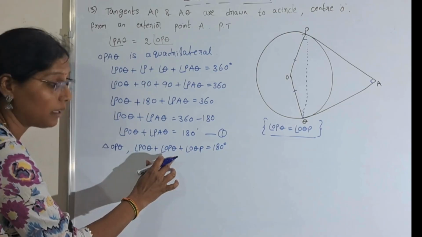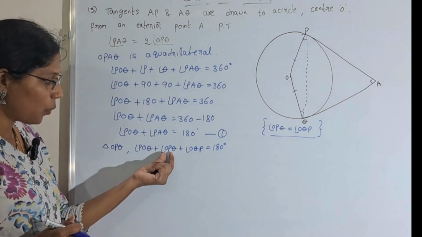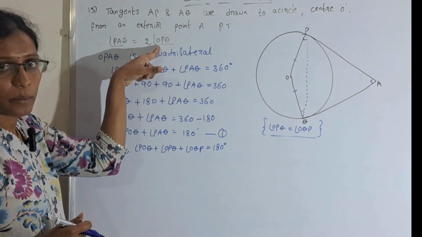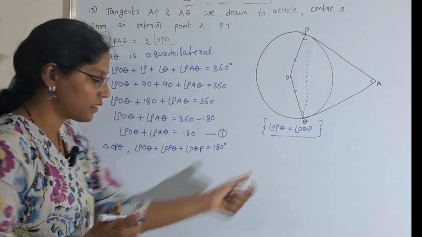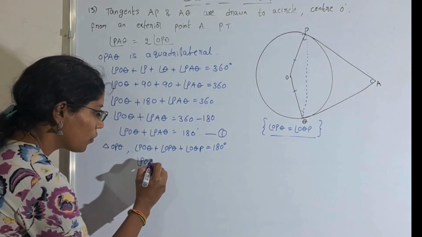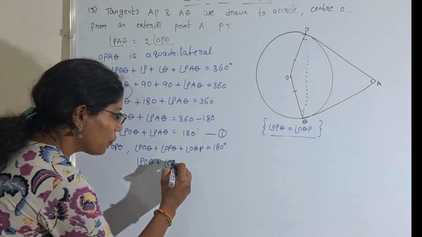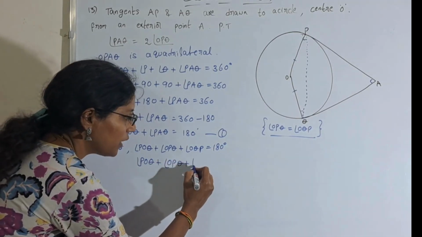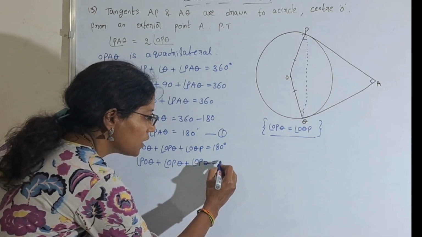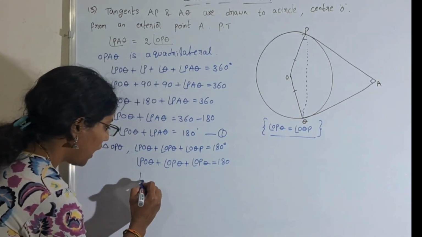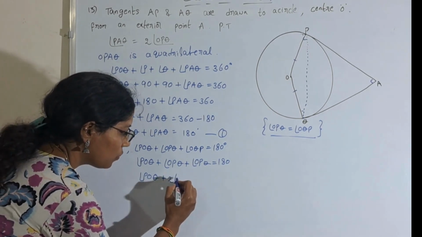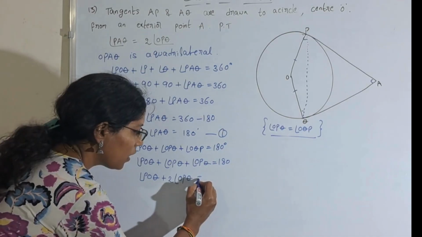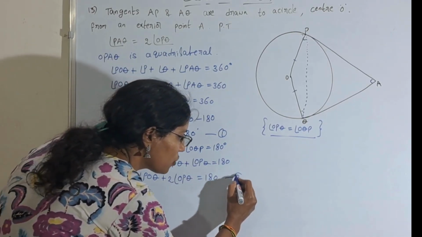We have to apply this here. What do we need here? OPQ we want, our problem. So instead of this, on the left hand side we can write angle POQ plus angle OPQ plus OPQ is equal to 180 degrees. Angle POQ plus 2 into OPQ is equal to 180 degrees. This is equation 2.